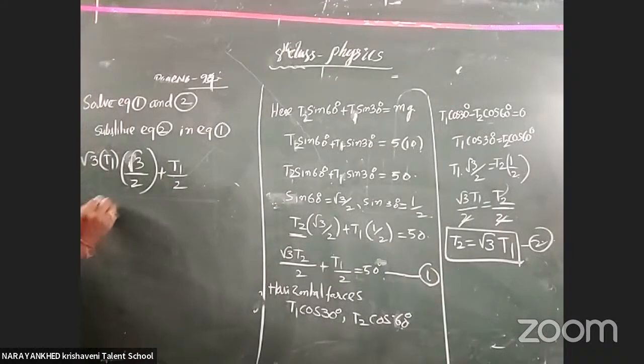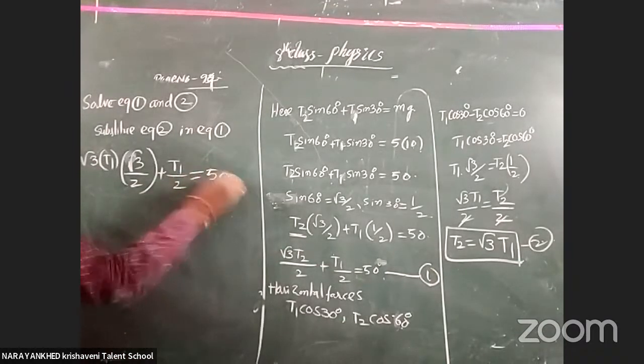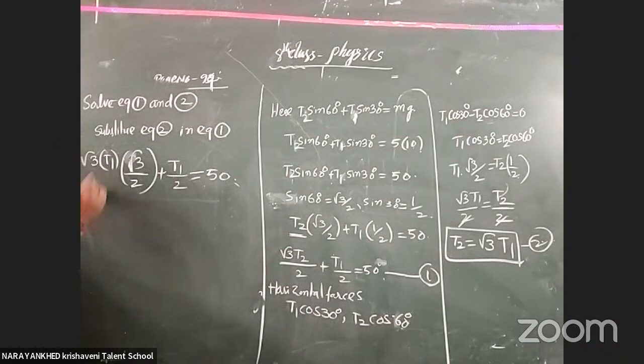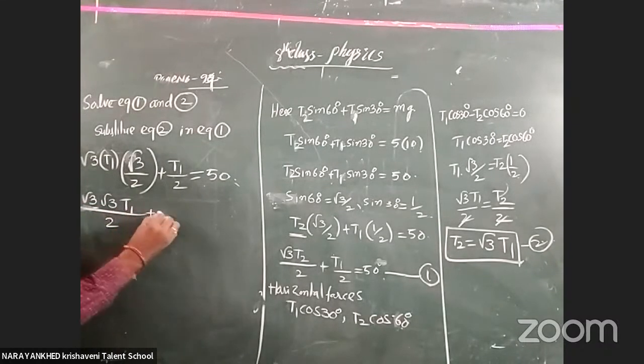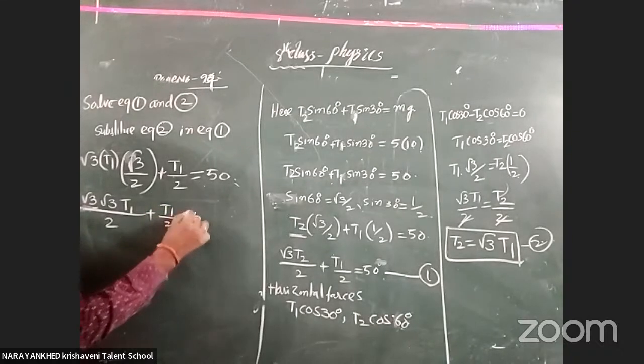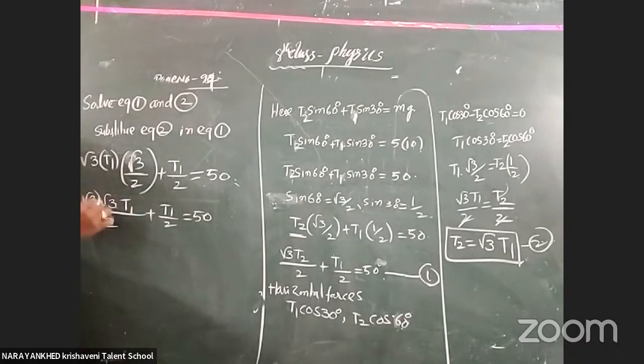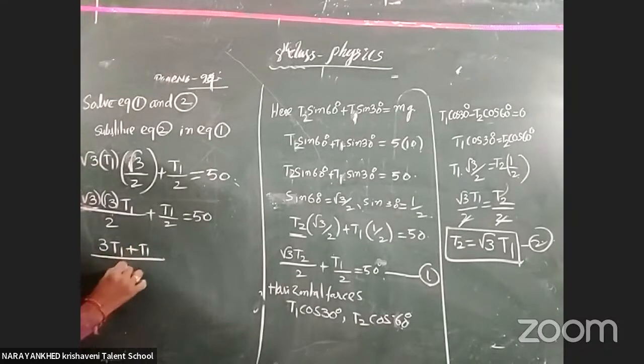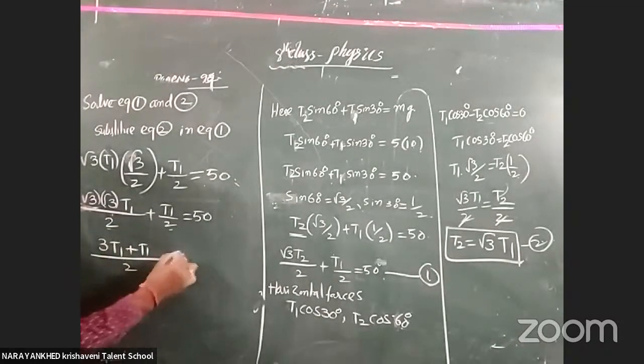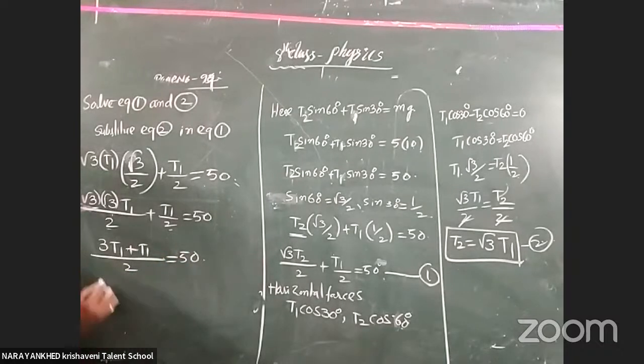Now it is equal to 50. So root 3 into root 3 into T1 by 2 plus T1 by 2 is equal to 50. Root 3 into root 3 is equal to 3, so 3 T1 plus T1 is equal to 100. It is 4T1 is equal to 100.